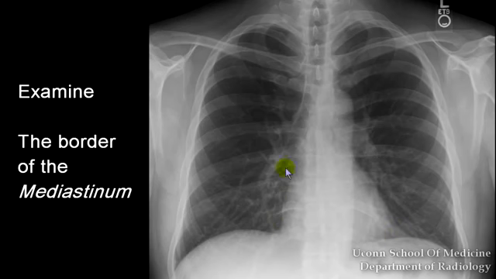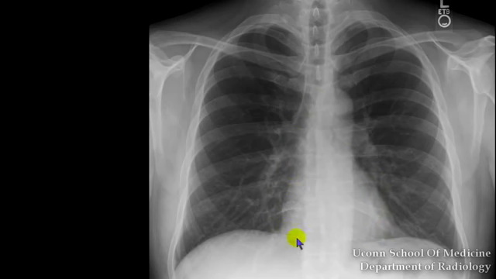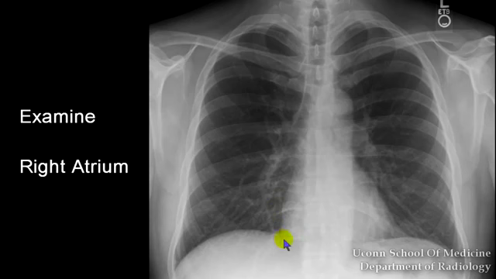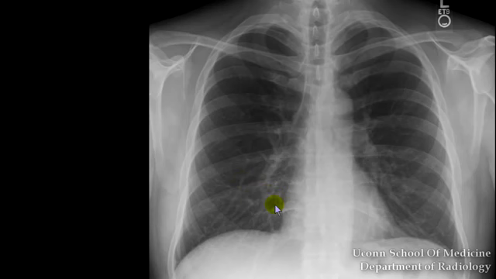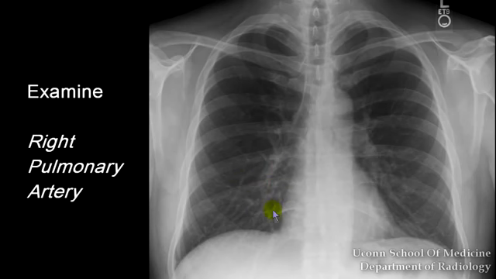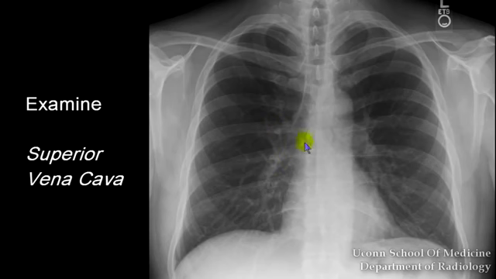Now examine the entire border of the mediastinum. Start on the bottom right and move clockwise. The right atrium forms the right heart border, which abuts the middle lobe of the right lung. Just superior is the right pulmonary artery. The superior vena cava joins from above.